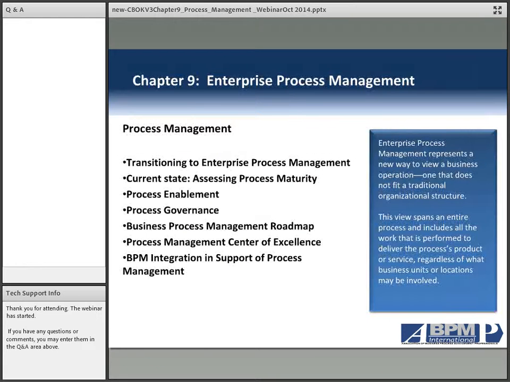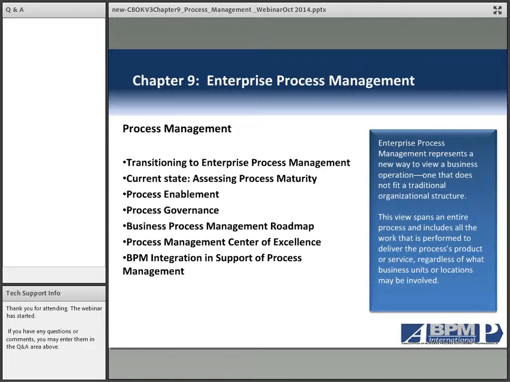Now, today we'll be looking at the 9th chapter, which is Enterprise Process Management. And we're talking about some of the key concepts in moving to process management. We'll be following the general order that these topics are presented in the book, which are shown in the bold text on the left.